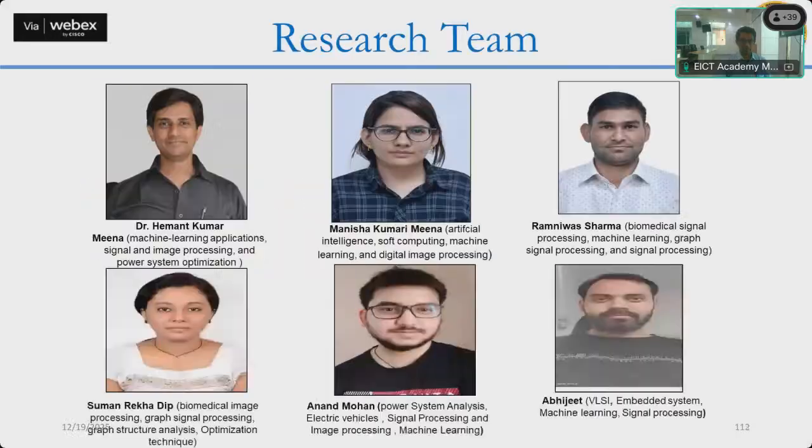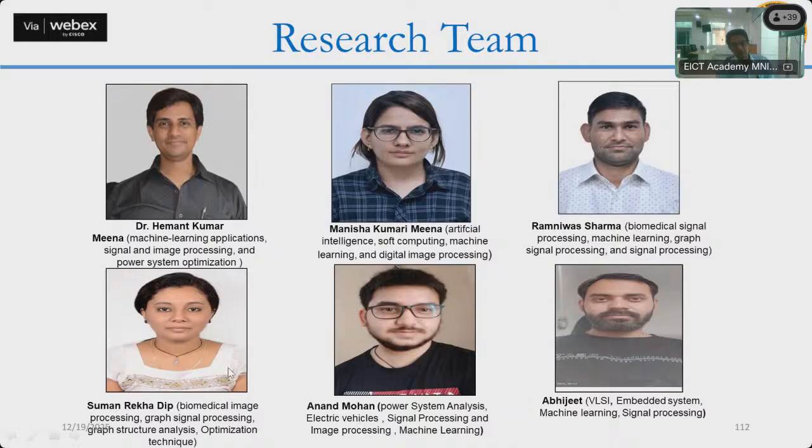So this is our team, our research team which helped to prepare this. Manisha has worked basically on facial recognition, occluded facial recognition. Ramnivas has basically worked on the EEG signals part: how to extract the signal, and how to infer the disease using EEG signal processing.